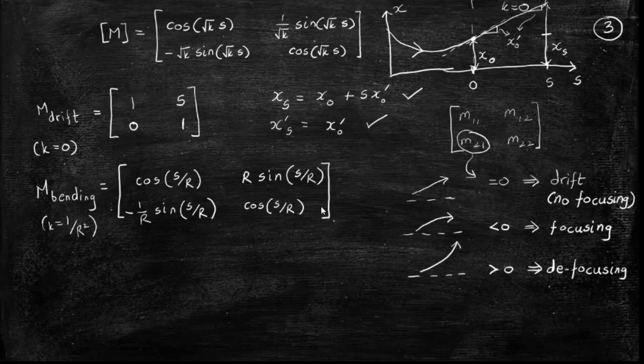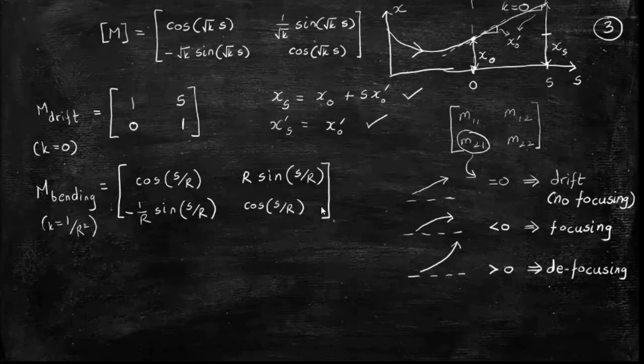Yes, it is negative. If S by R is greater than pi, only then you get problems. So if S is greater than pi R, which means a bending magnet of more than 180 degrees, then it will tend to defocus. But normal magnets usually bend by angles of 90 degrees or less, so it is usually a focusing term.